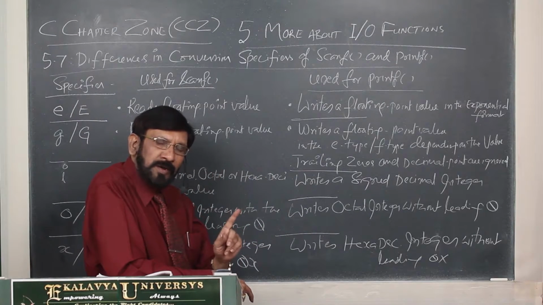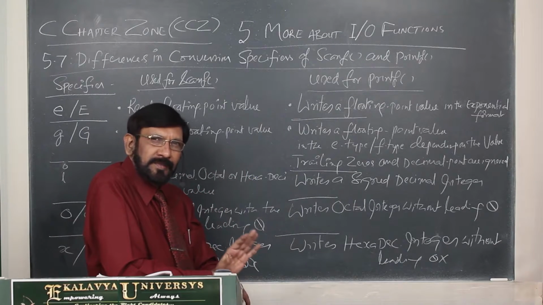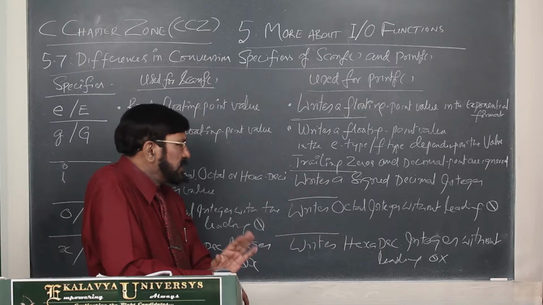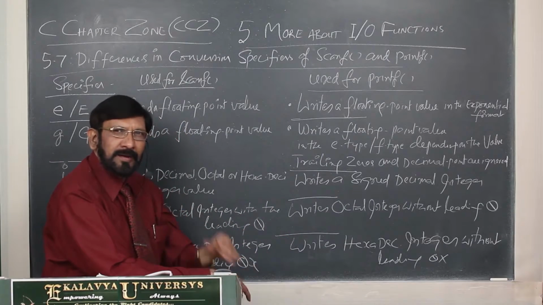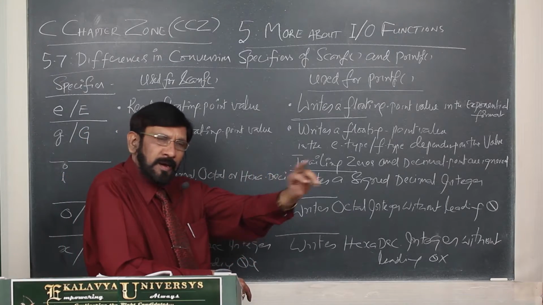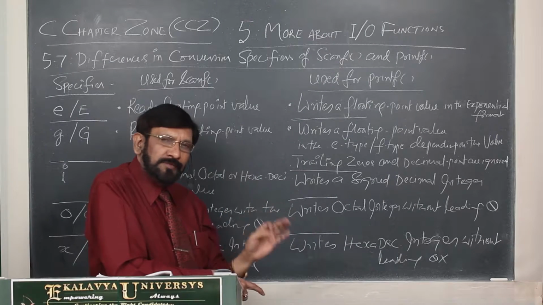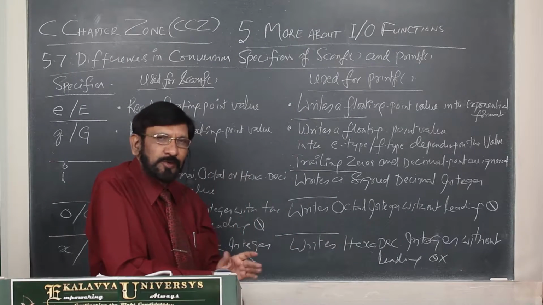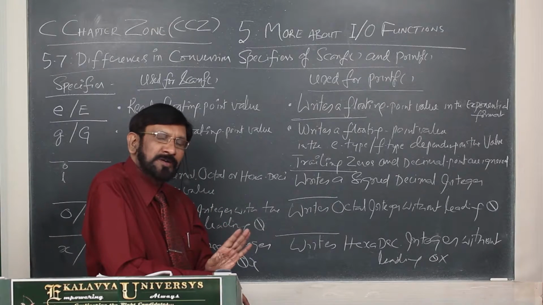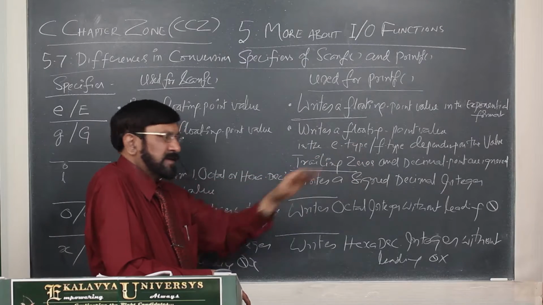If after the decimal point any digit from 1 to 9 is there, those digits are printed without trailing zeros. Suppose after the decimal point only 0 is there, then the 0 is not printed, and the decimal point is also not printed. Only the whole number part is printed.